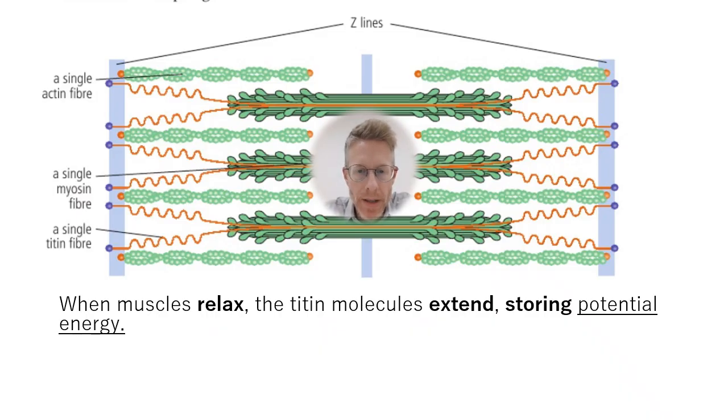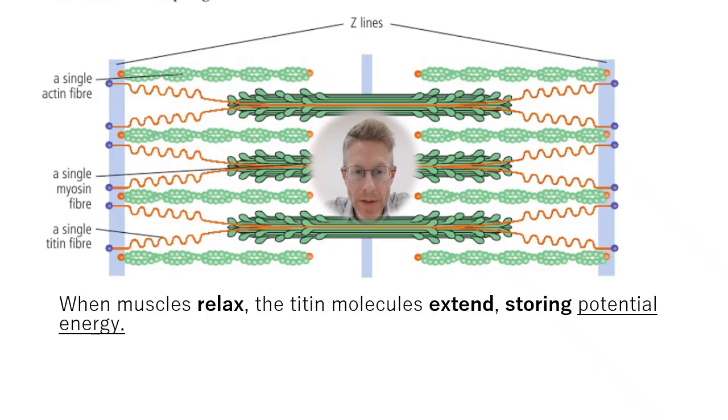Just one more little detail to add to this is the detail related to titin. Here you can see I am in the middle of a sarcomere. I'm at the M line, right? And the thick green filaments in this diagram, I'm on top of one, are myosin, and the thinner green ones, they look like two spirals, those are the actin.